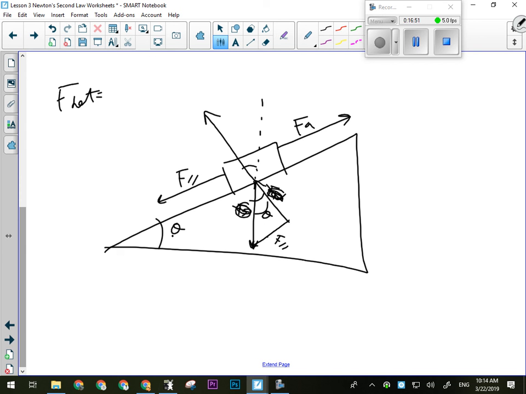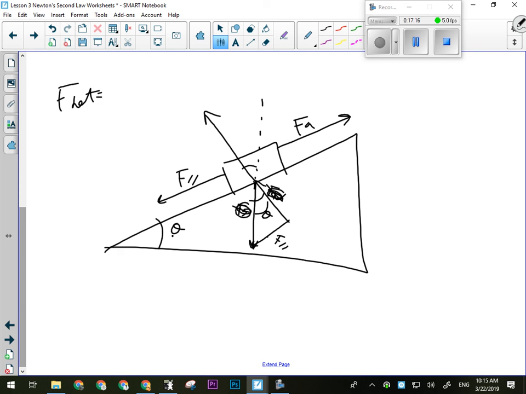Basically when the surface is level, normal force and gravity are equal. As soon as I start tipping one of them, normal force always pushes straight out. So whatever angle I tip it at is the angle they'll be offset by in the triangle. Does that help anymore? I can't think of another way to explain it other than once they're not straight up with each other, whatever that angle is the angle this is going to be.